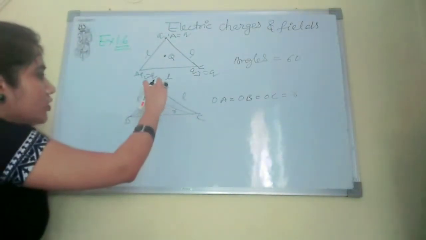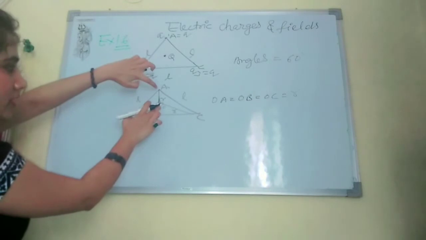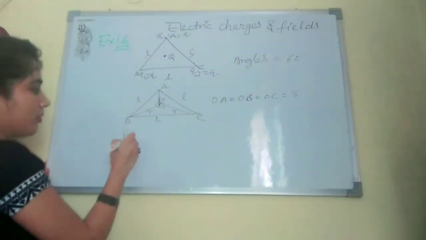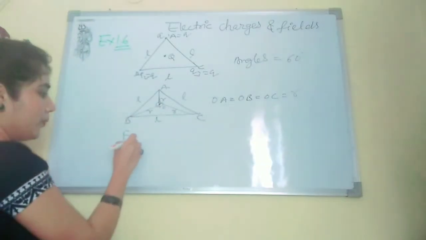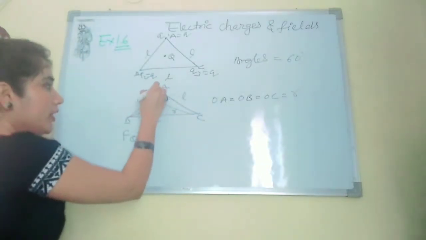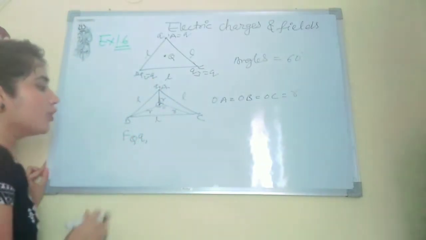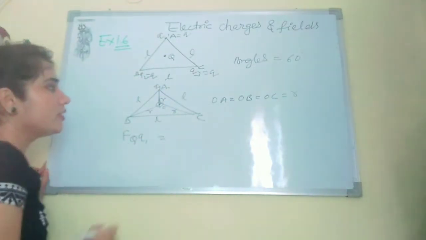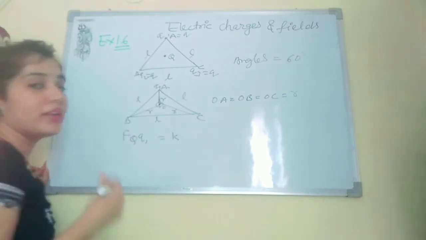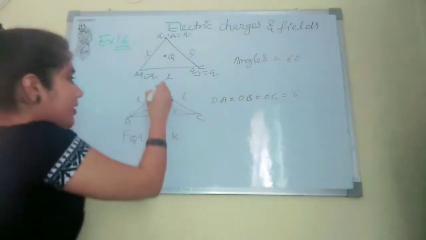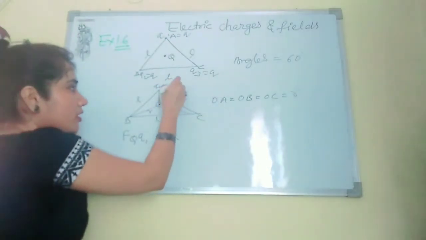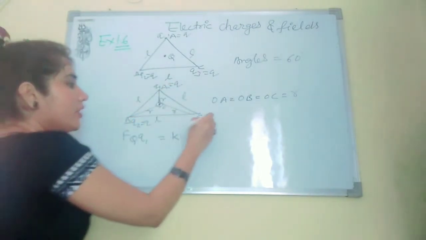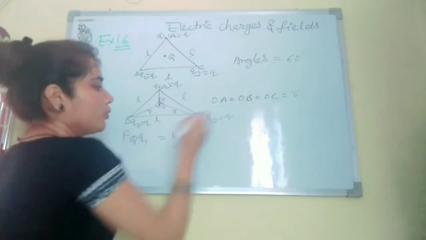Now we should find the force between these points. So the force on capital Q because of Q1 will be, simply applying Coulomb's law, K into Q1, which is already given as q, here Q2 is q, and Q3 is also q.